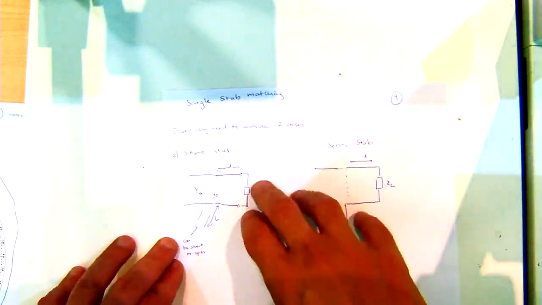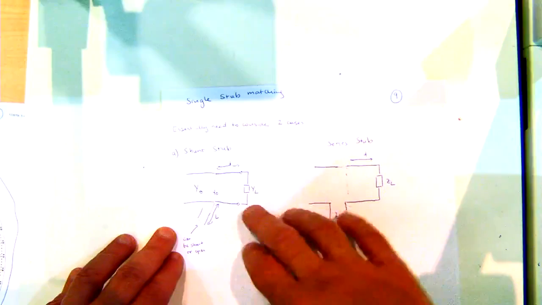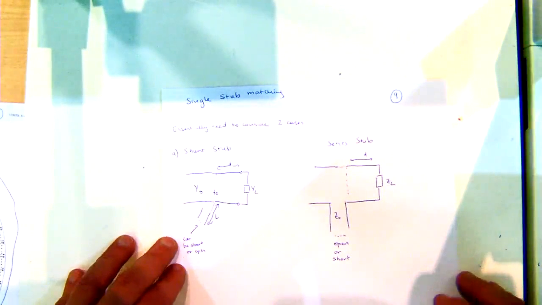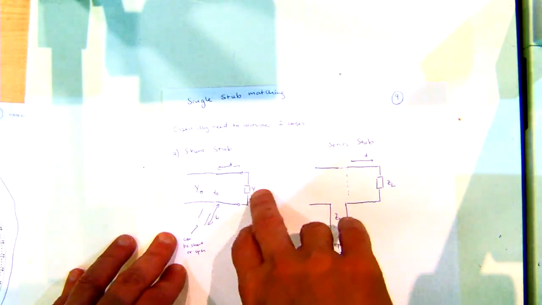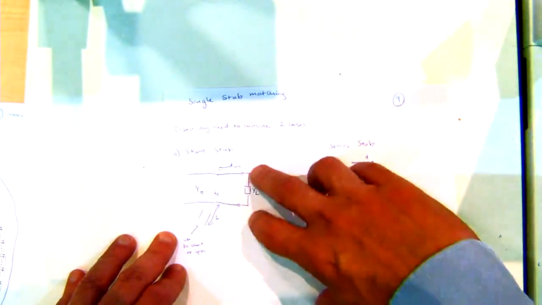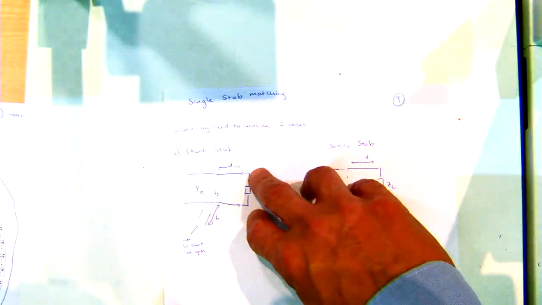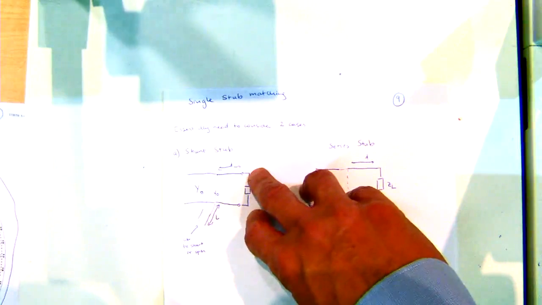So essentially what we've got here is we're trying to match an impedance or an admittance. This is still a ZL, or a YL, it doesn't really matter, but it's a ZL. What I'm saying is that we're now going to be using transmission lines instead of lumped elements to do our matching.